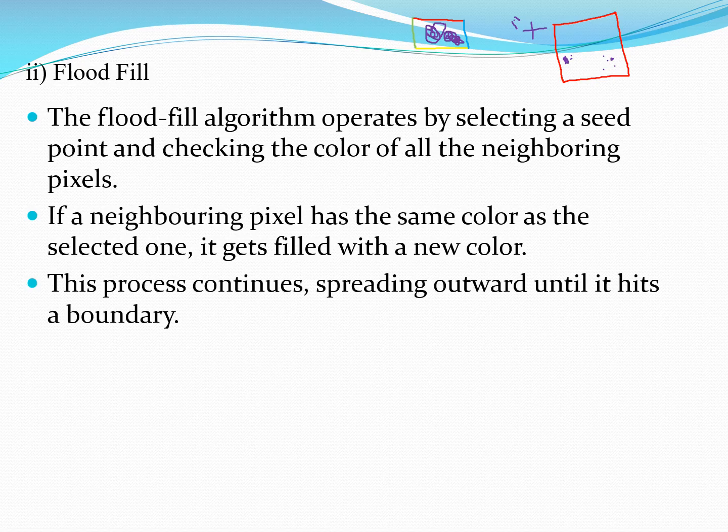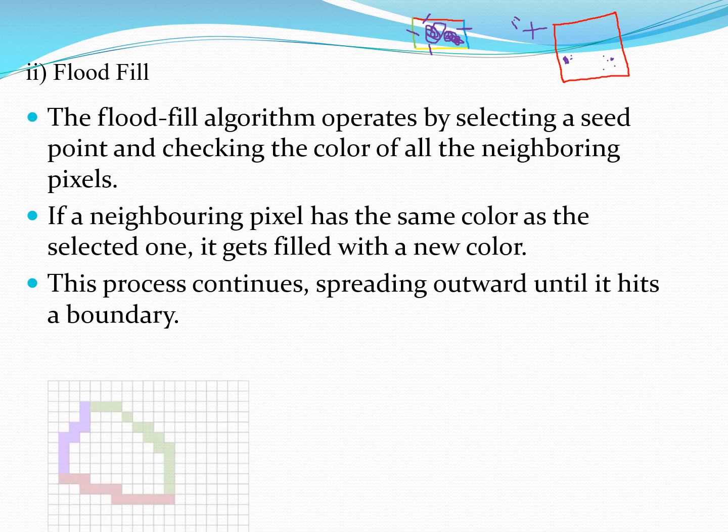This process continues spreading outward until it hits the boundaries, because here the boundaries have different colors. So it will check the pixel's color, and if it is satisfied, it will fill with the newly selected color, and if it matches the boundary, meaning it is the boundary of the polygon, it will stop there.